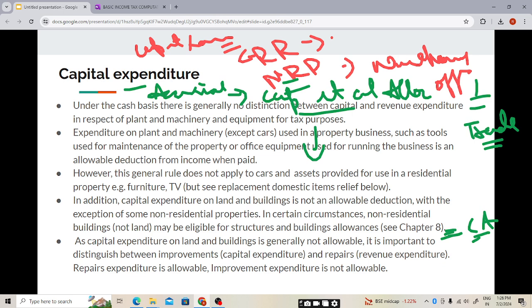In our accounting we have studied what depreciation is. Depreciation means you are using an asset for 10 years, and each year you expense the usage of that asset. Depreciation means wear and tear of the asset. If the asset cost 10,000 pounds and you use it for 10 years, 10,000 divided by 10, so 1,000 pounds each year will be the expense, because you are generating income from that asset.